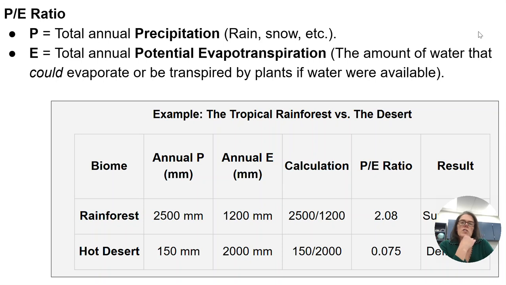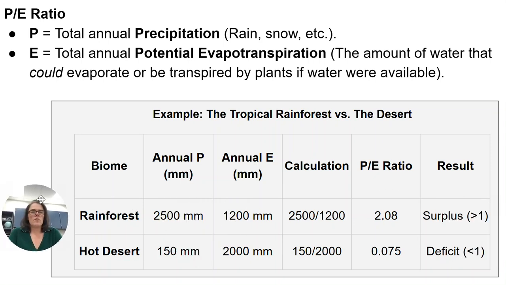All right, another thing I want to point out briefly is something called the PE ratio, the precipitation and evapotranspiration rate. This is pretty straightforward. If you notice, we look at the annual precipitation, annual P, in some unit of measurement.